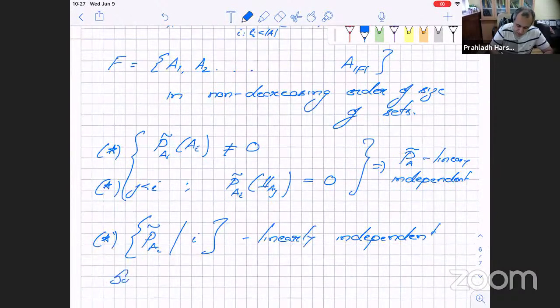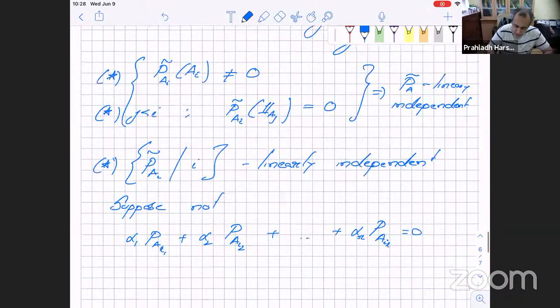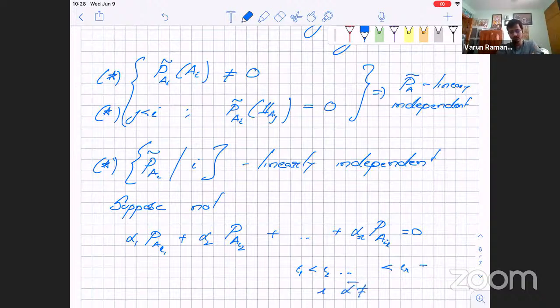Suppose not, then there exists something of the form, let's be a little pedantic about it, alpha 1 P A_i1 plus alpha 2 P A_i2 plus some alpha r P A_ir equals 0. And I'm going to assume i1 is less than i2 is less than i_r, and the alpha vector is not equal to 0.